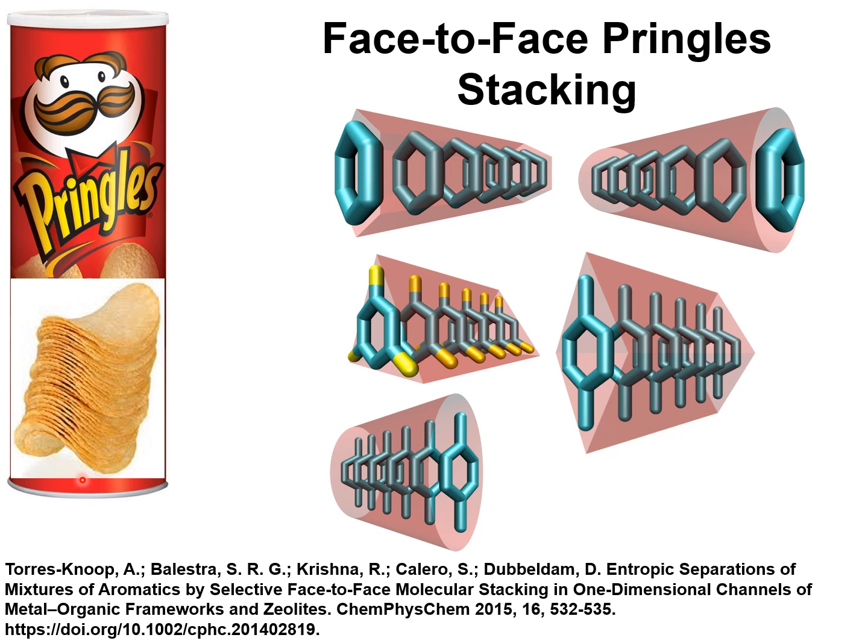Face-to-face stacking of guest molecules inside micro-porous crystalline adsorbents is an efficient way to achieve entropic separations. The components that pack the most efficiently is entropically favored in mixture adsorption equilibrium.